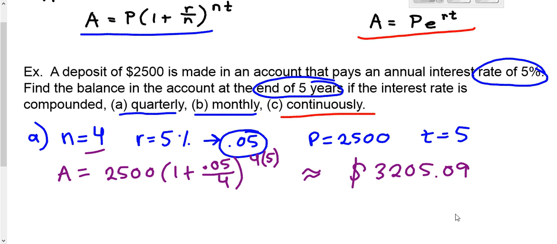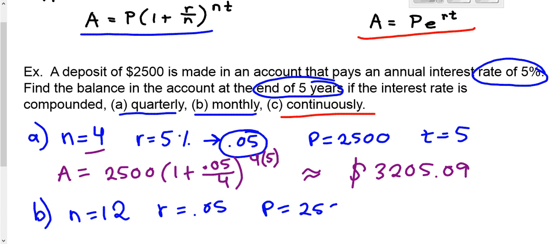Okay, and then let's look at the second one. If we're thinking monthly, that means there are 12 months in a year. Our rate is the same. The principal has not changed. The time has not changed either.